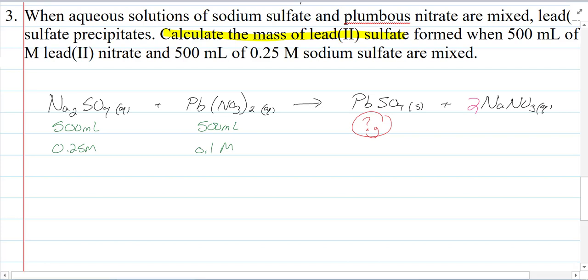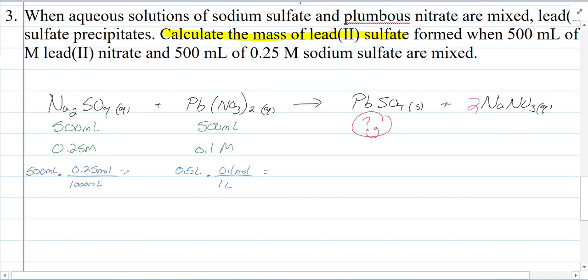So start off with 500 milliliters. We know for every 1,000 milliliters, I have 0.25 moles of sodium sulfate. Or I could do the math this way. I could go to 0.5 liters times 1 liter is 0.1 moles.